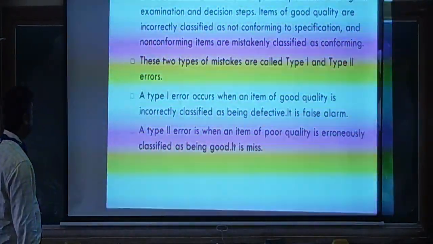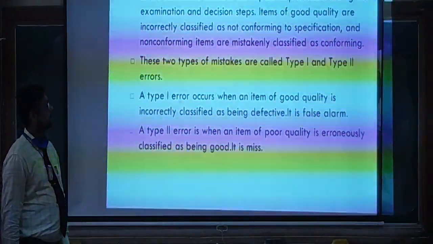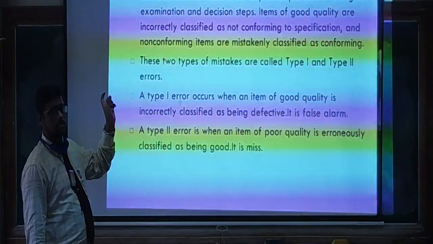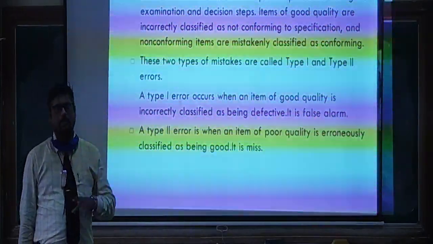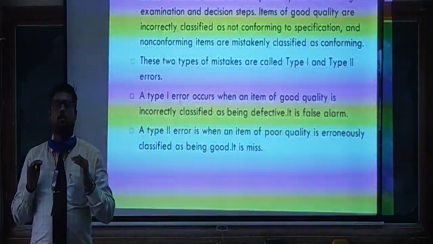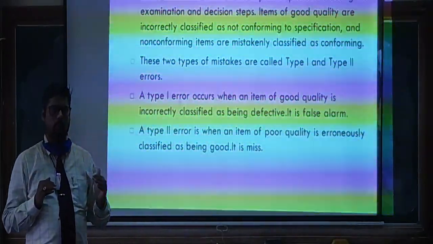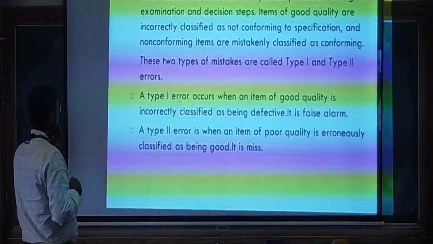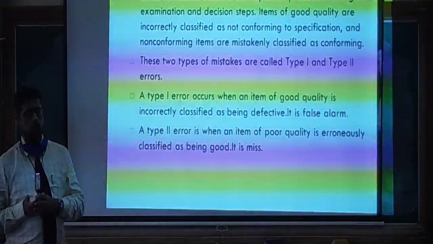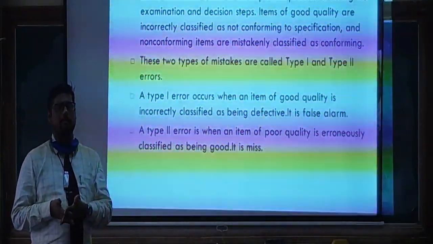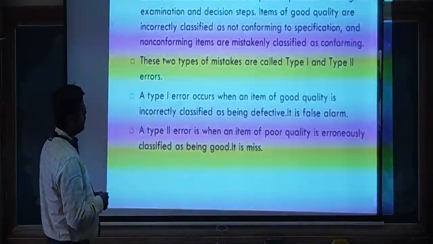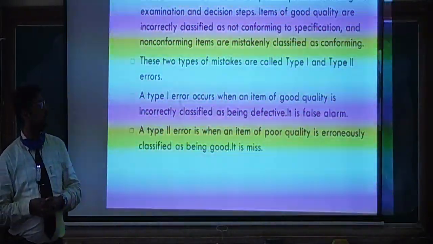Now in this, errors sometimes occur in the inspection procedure during the examination and decision steps. So some errors will occur. The tolerance band is given for the fitment, for the assembly of the part. Sometimes errors will occur in the inspection procedure, whether due to variables or something in the procedure itself.